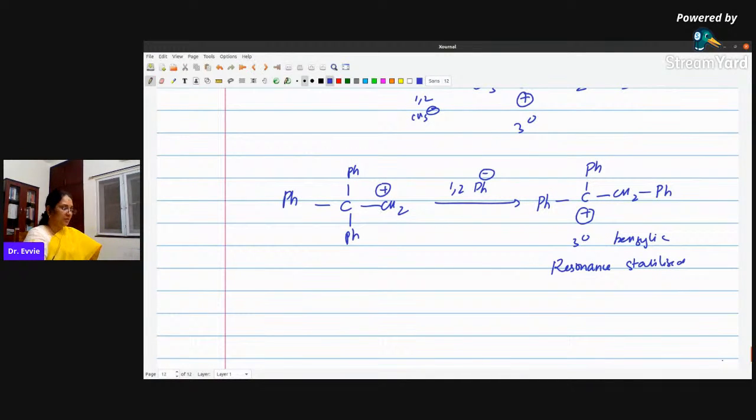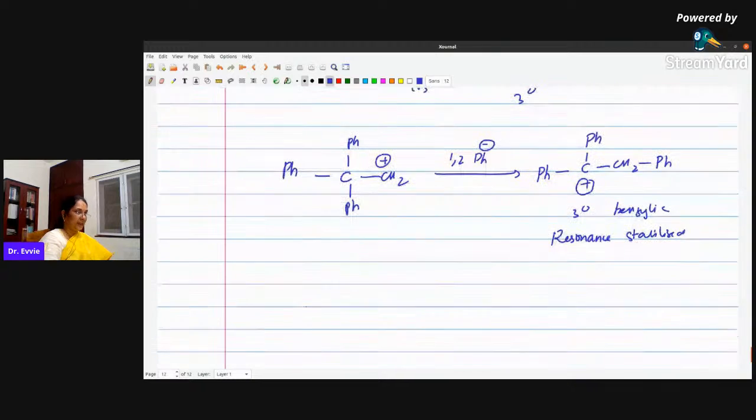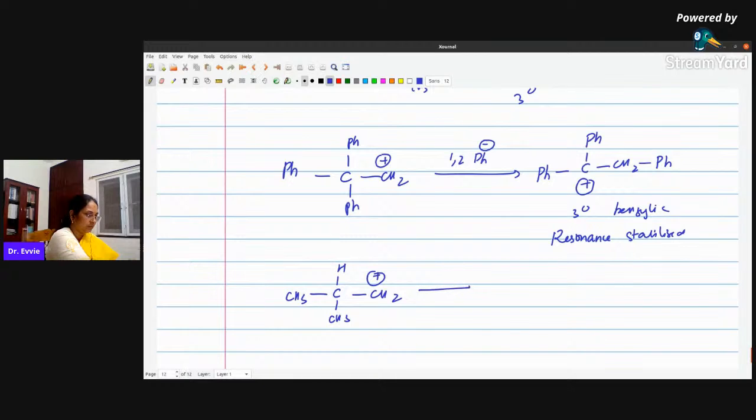Now the other question, as I told you, let me take CH2 plus. In this carbon, there's a methyl group attached and a hydrogen attached. The confusion is which one is going to move, whether there will be a 1,2 hydrogen shift or a methyl shift.